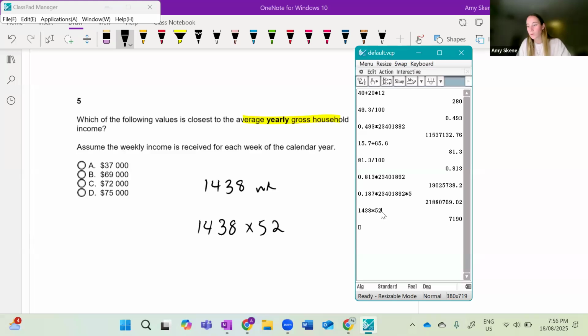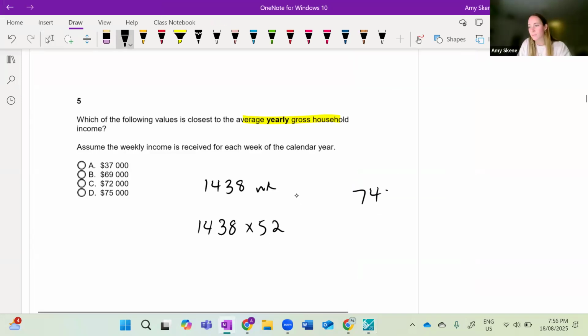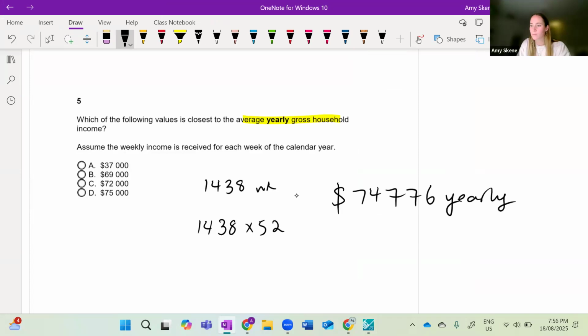Whoops, 52, 74,776, and we are looking at the closest value too. So I'll write down the number 74,776, and that's yearly. And so I'm going to scan for the closest one. The closest one is 75,000.